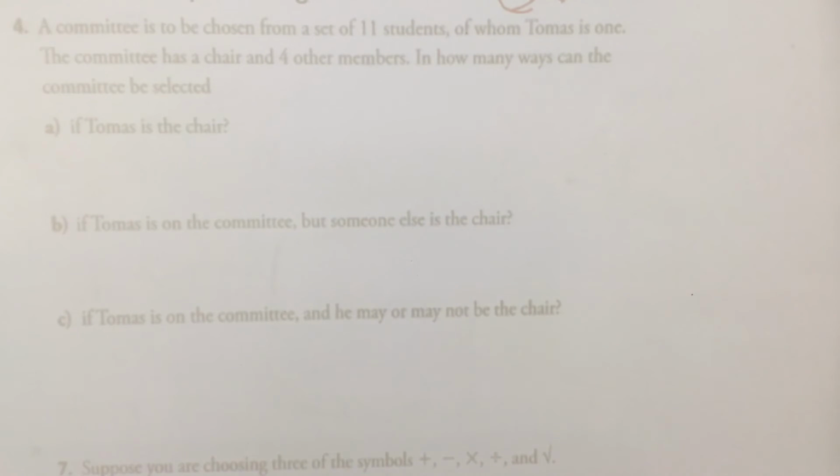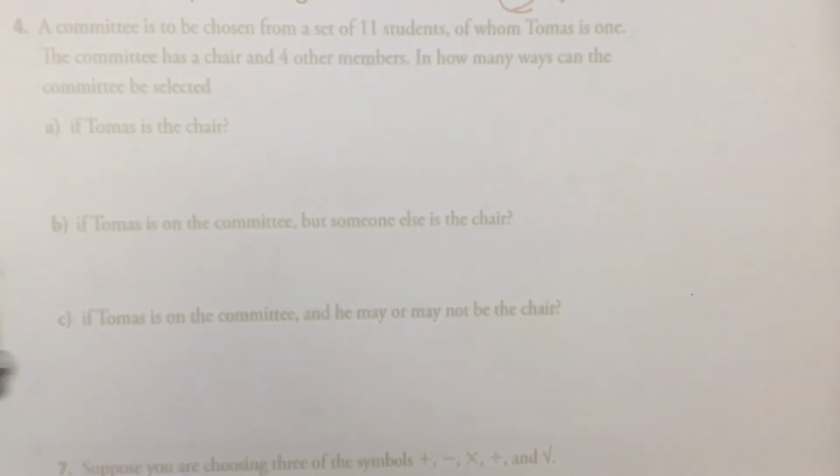Okay, so this one: a committee is to be chosen from a set of 11 students, of whom Thomas is one. The committee has a chair and 4 other members. In how many ways can a committee be selected if Thomas is the chair? So if Thomas is the chair, he's the head of it, the person running it, you take him out of the mix, because there's only one way you can choose him.